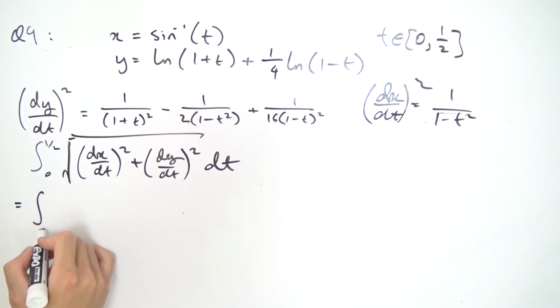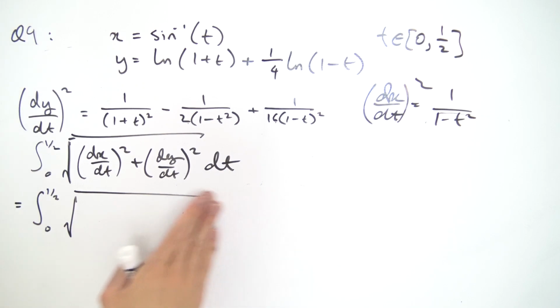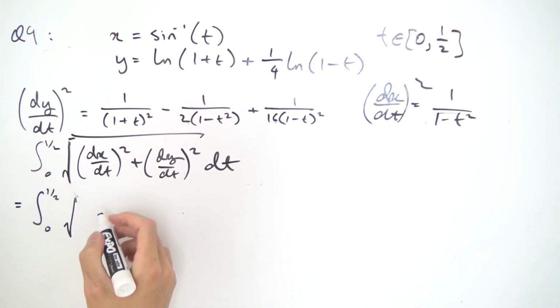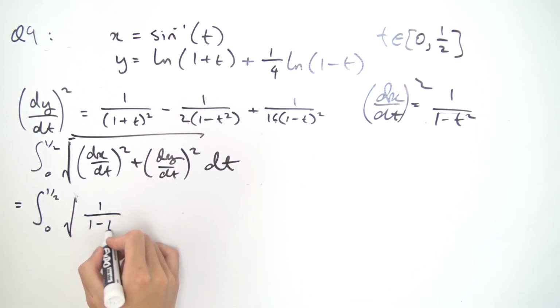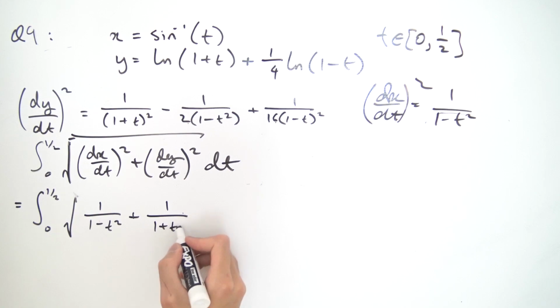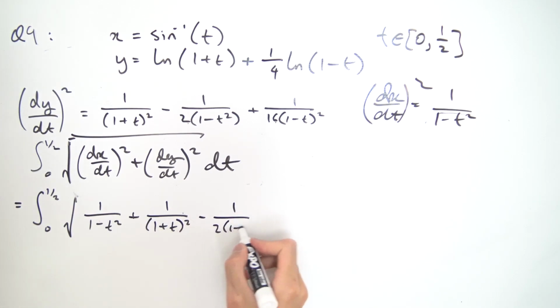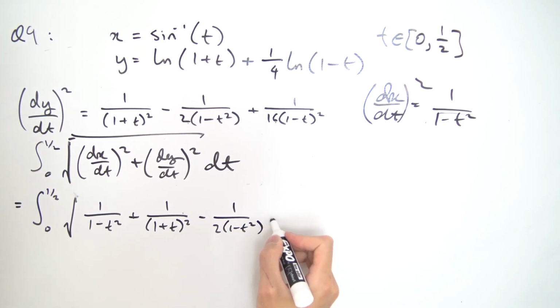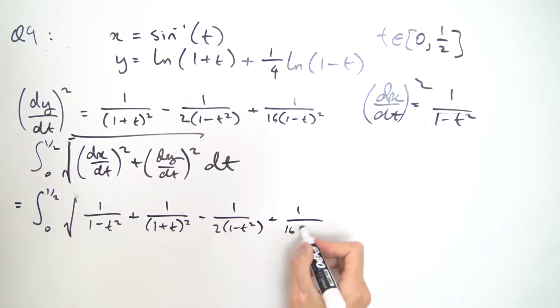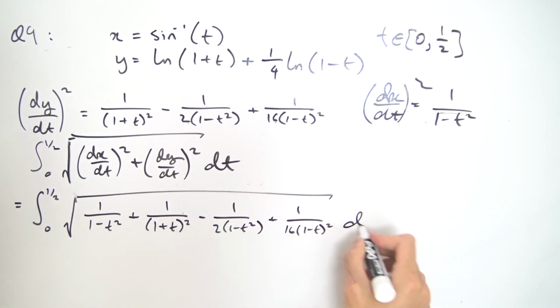So we have the integral from 0 to 1/2 of the square root of dx/dt squared, we know that's 1 over 1 minus t squared, plus dy/dt squared, which is 1 over 1 plus t, but the whole thing squared, minus 1 over 2, 1 minus t squared, plus 1 over 16, 1 minus t, but the whole thing squared, all inside of this square root.